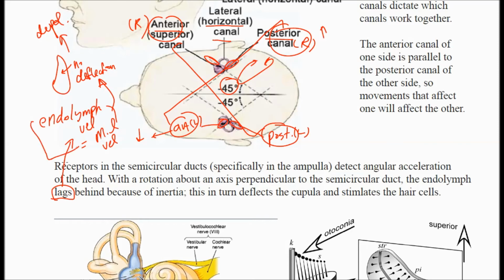So which case caused this equaling of the velocity of those two structures? It's when you're rotating at a constant velocity. So let's say you are on a merry-go-round.